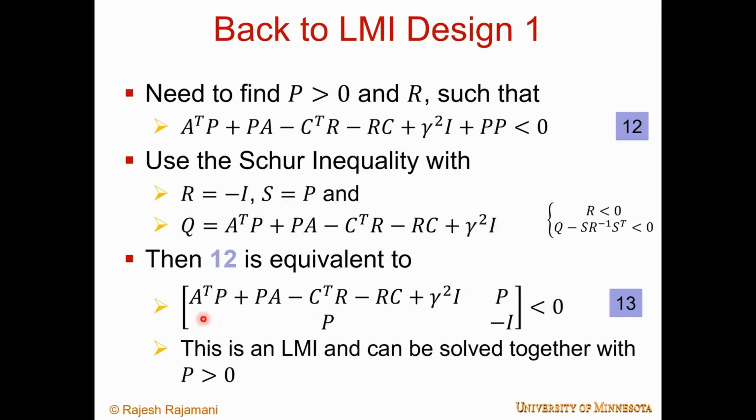The 1-1 term is A transpose P plus PA minus C transpose R minus RC plus gamma square I. This is basically a 2n by 2n matrix. This is the LMI that needs to be solved, and along with this, you also have P greater than 0.